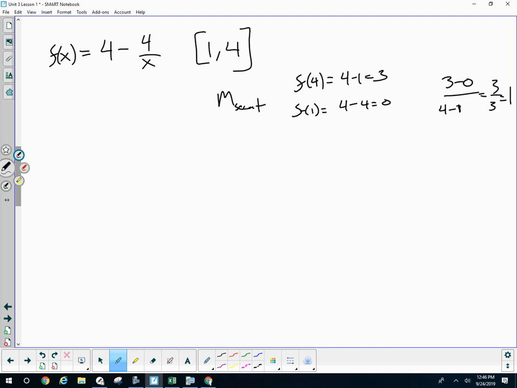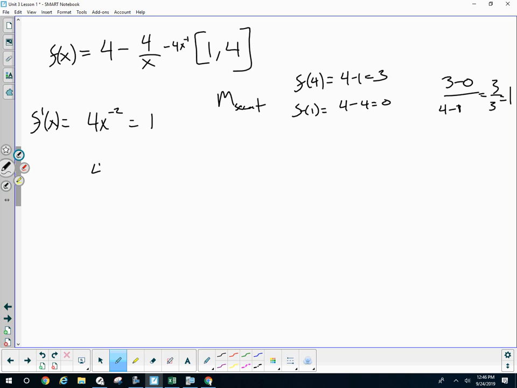So average rate of change of 1. Tangent slope. Make sure we know this is negative 4x to the negative first. Derivative of 4 is 0. Derivative of minus 4x to the minus first would be positive 4x to the negative second. This equals 1.